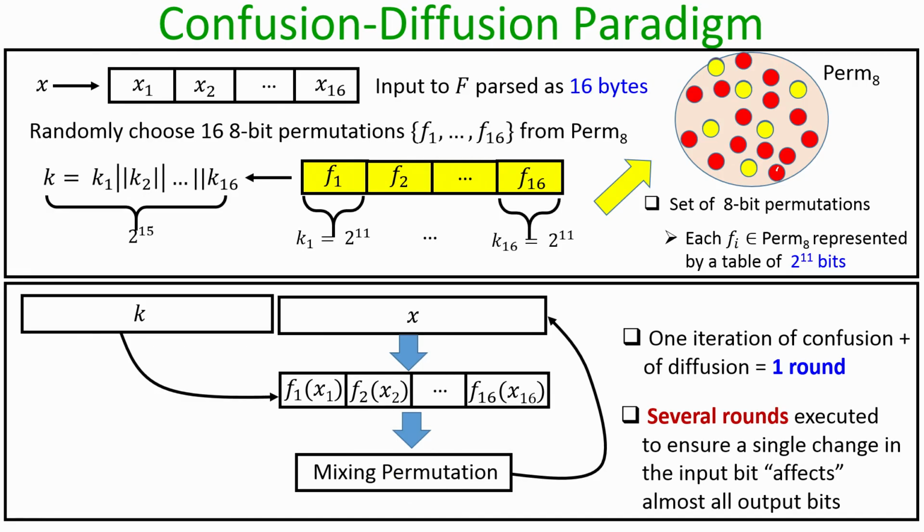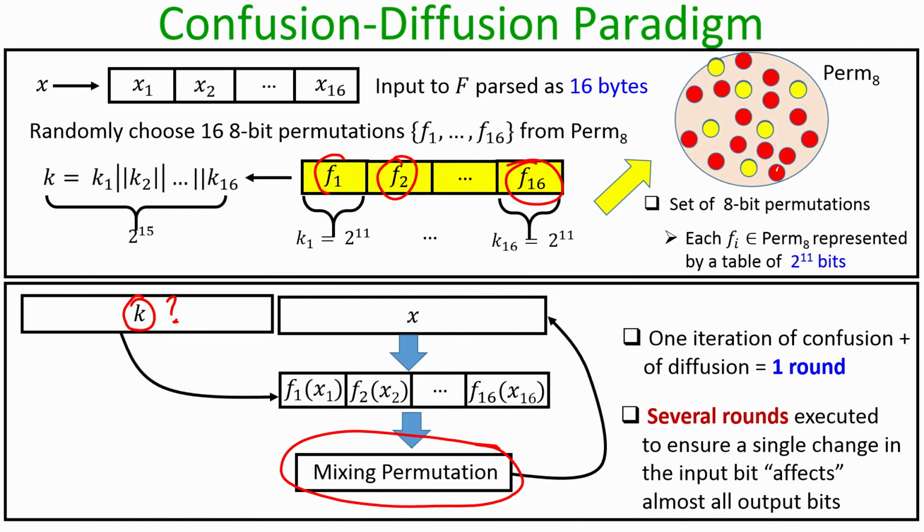The confusion is created because the value of the key is not known to the adversary, so the choice of the round functions is not known to the adversary. Diffusion is caused by the mixing permutation, which ensures that at the end of every round the output is shuffled around, and as a result, when we go to the beginning of the next iteration, the next round functions are applied on different bytes.